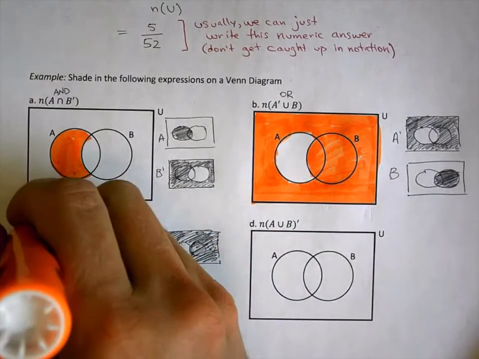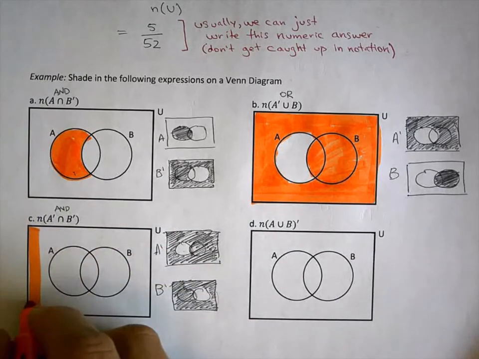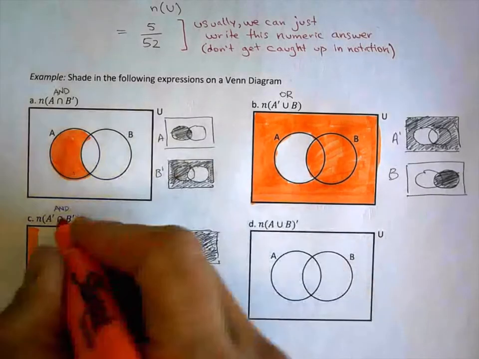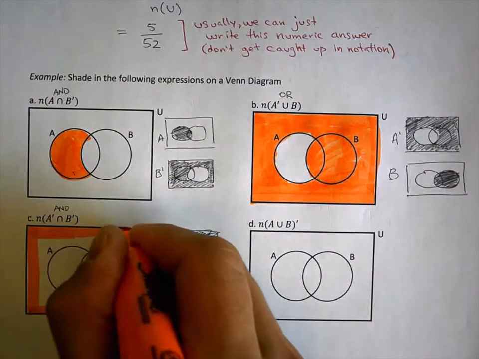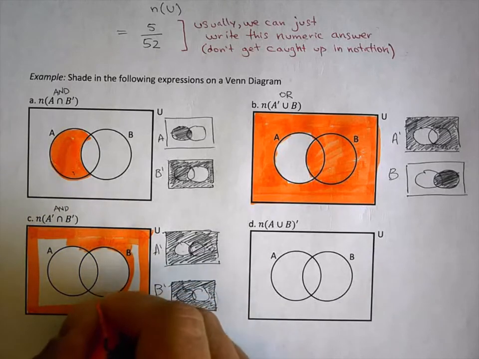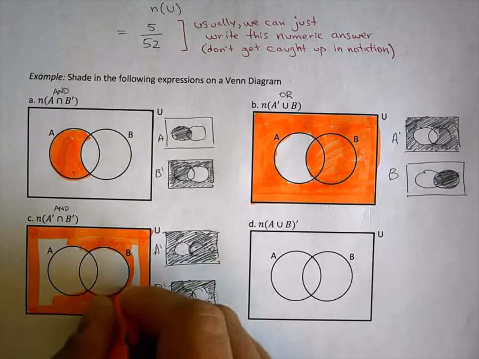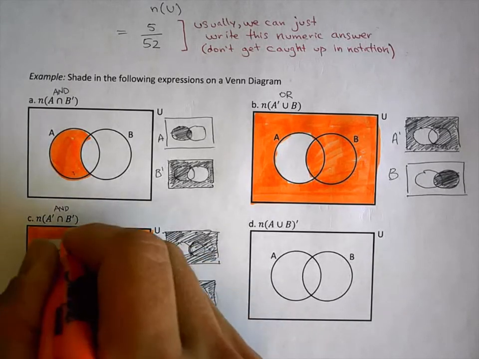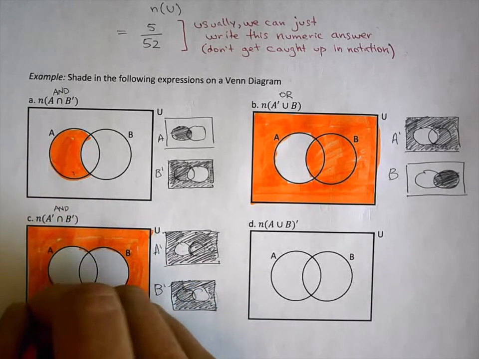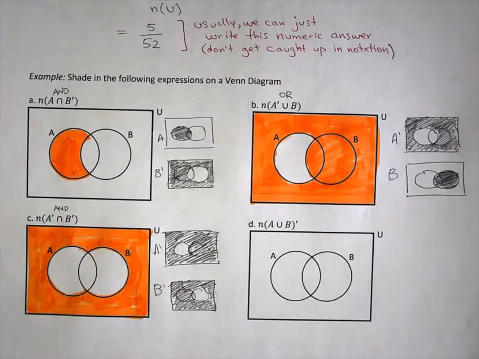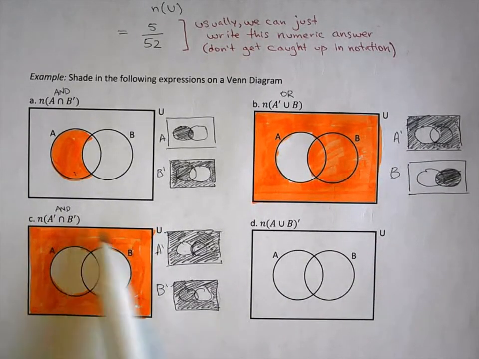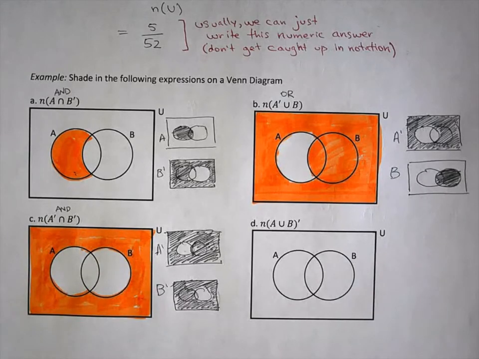So I'm actually looking at this space here. Interesting. So A complement and B complement is the area around the two.